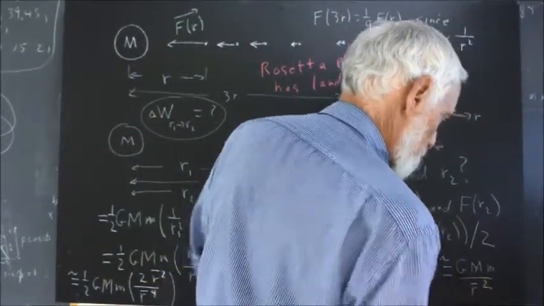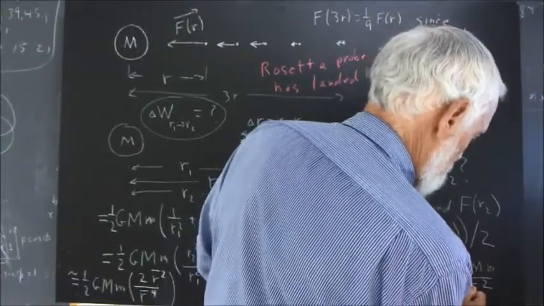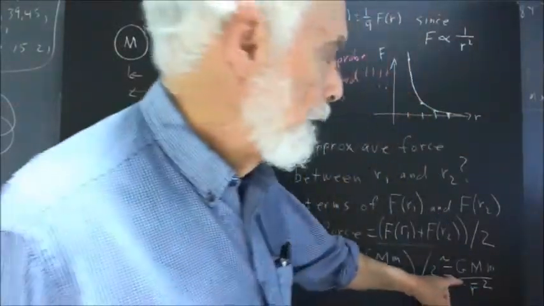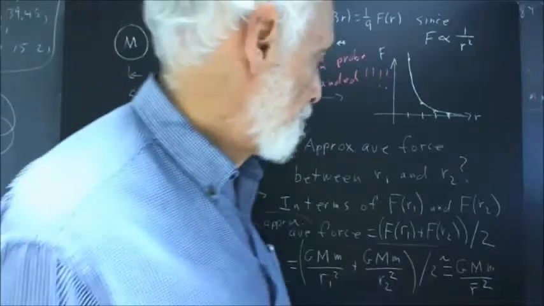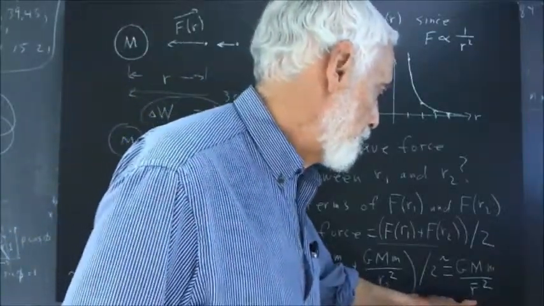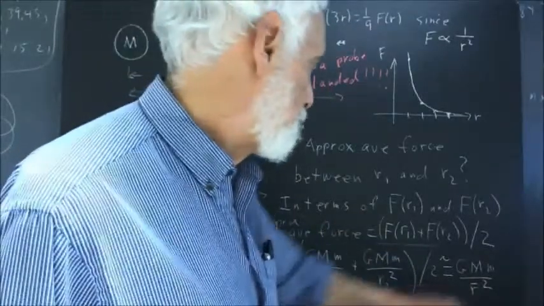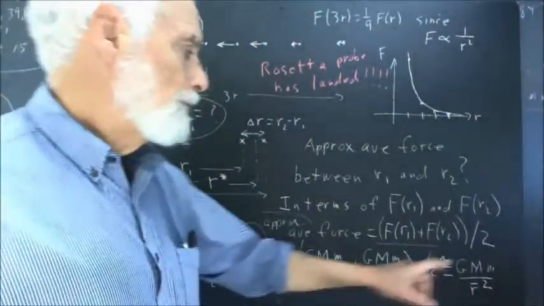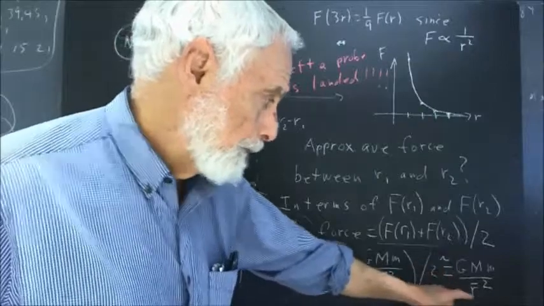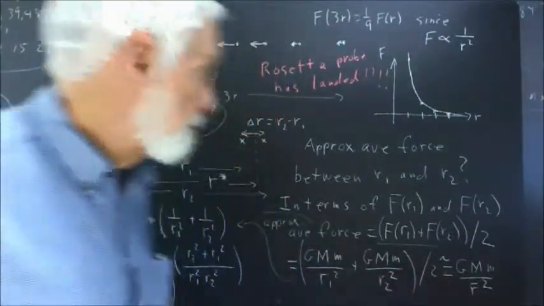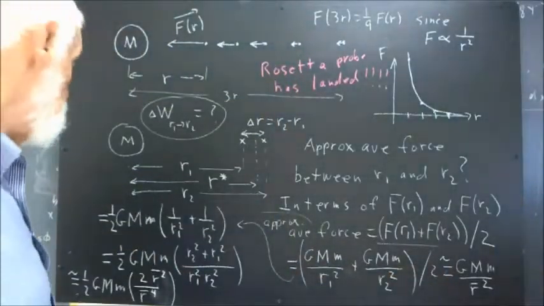Let's put a little more separation between the R and the bar so we can see that more clearly. So I'm going to use R bar for the average of the two distances. And that's not completely accurate. That's why I have an approximate here, but it's a reasonable approximation if this is a small interval.